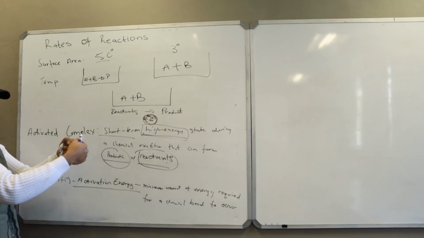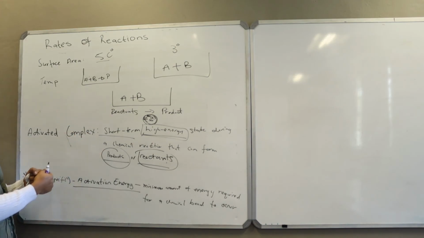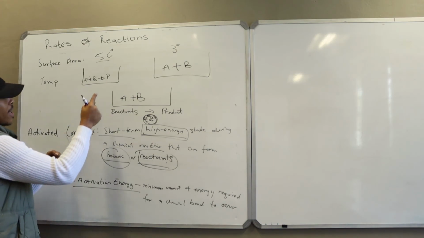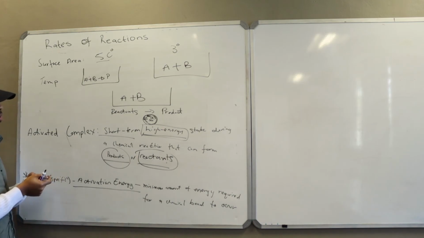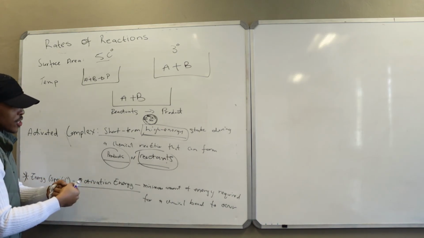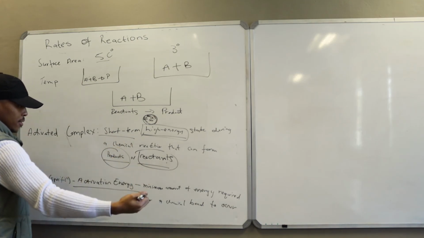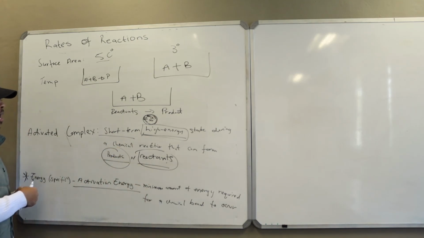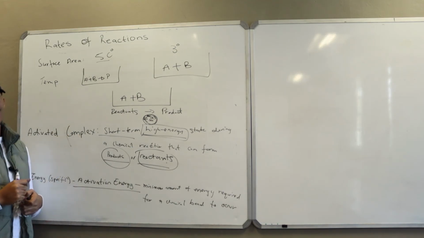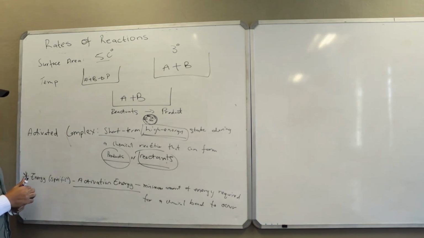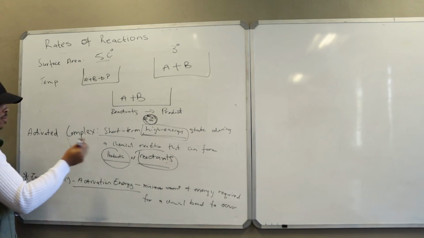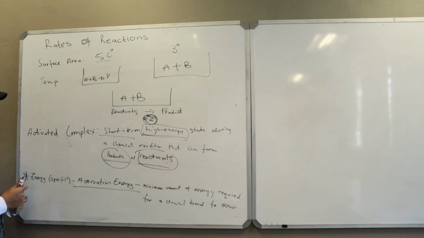It's the highest energy point, right? And when they are colliding, it depends on the energy of the solution. If the energy is not sufficient, it's simply going to go back to forming reactants. And if the energy of the solution is sufficient, then it is going to form the products.